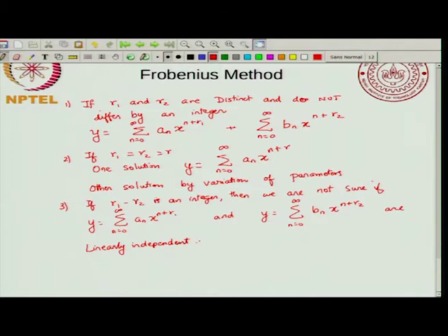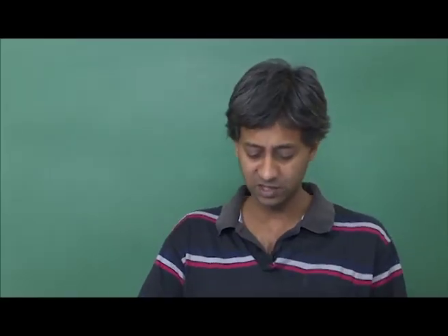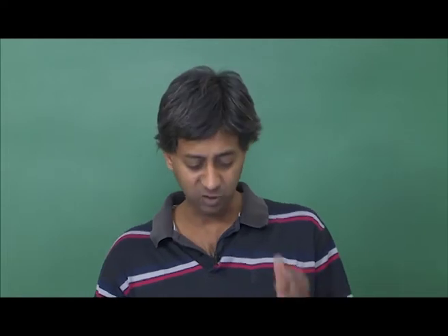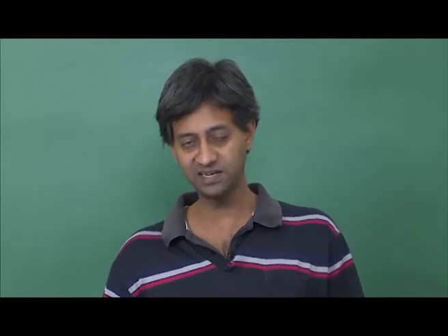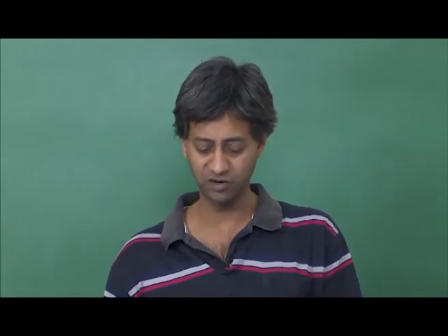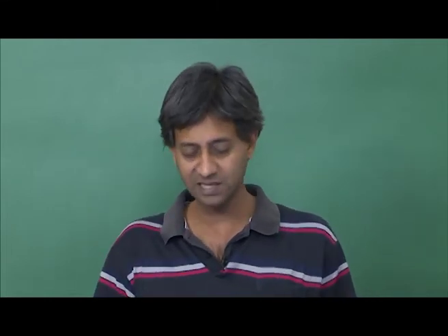So you have to actually try it: substitute, calculate the values of all the coefficients, and see if they are linearly independent. If they are, you are done, you have two independent solutions. If not, you take one of them and find the second by variation of parameters. So this is the basic idea of the Frobenius method.